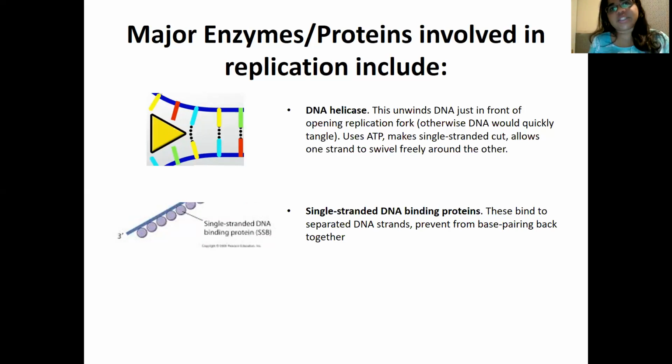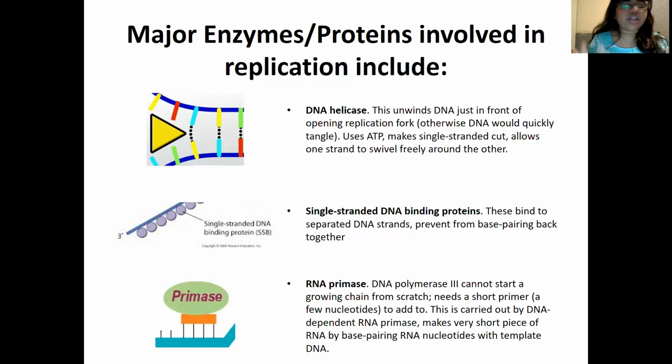Like if they're close enough to pair right back with each other, these hydrogen bonds are like, nope, I don't want to stay apart. Let me go back to my pair. So to prevent this from happening while replicating, they have these proteins called single-stranded DNA binding protein to keep them from pairing back with each other. So it kind of just stays away from each other.